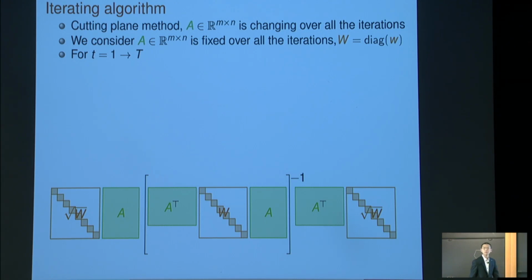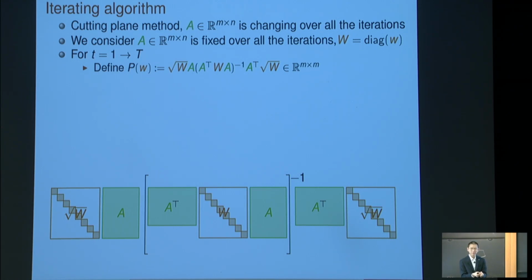Sorry, the previous algorithm is not what you're going to use. I'm not describing any algorithm. I'm just trying to show, in one iteration, where the computation bottleneck is. That's the only thing I'm trying to describe.